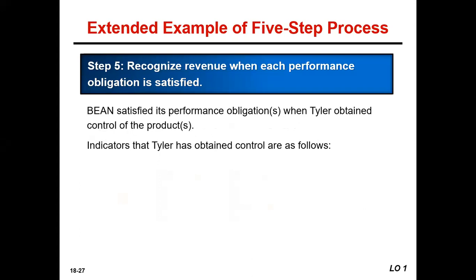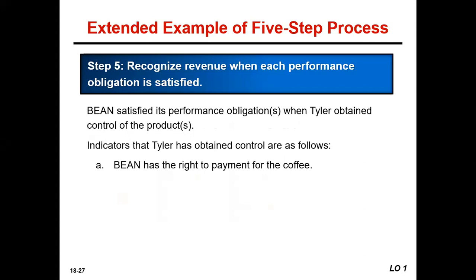So step 5, recognize revenue when each performance obligation is satisfied. It has been said that when Tyler obtains control of the products, it means that the performance obligation was complete. Indicators that Tyler has obtained control are as follows.